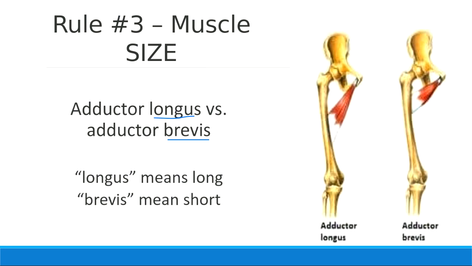I guess the other one that is relative for size, we can use the word major versus the word minor. So for example, this semester we learned pectoralis major. The word major means that it's the bigger one. There is also a pectoralis minor that we didn't make you learn, but that does exist. So relative size words, major and minor, longus and brevis, maximus and medius. All of those are related to the size of a muscle.